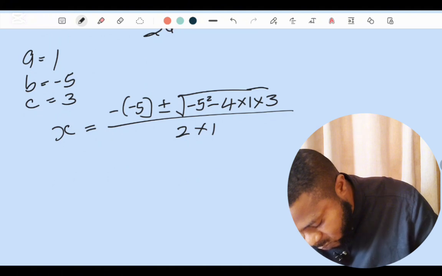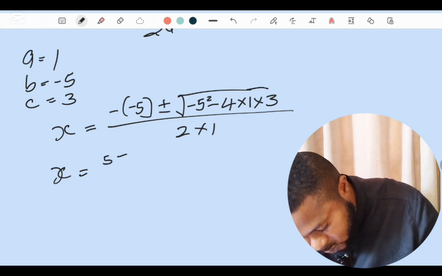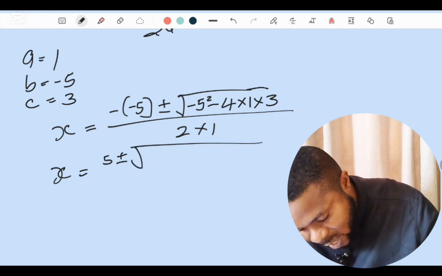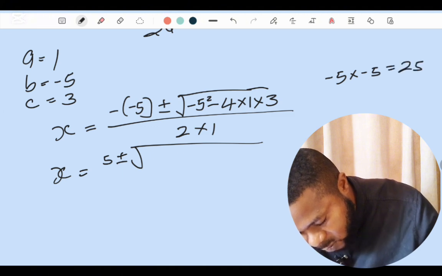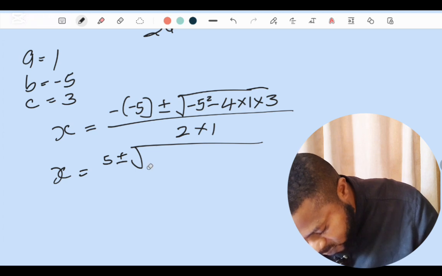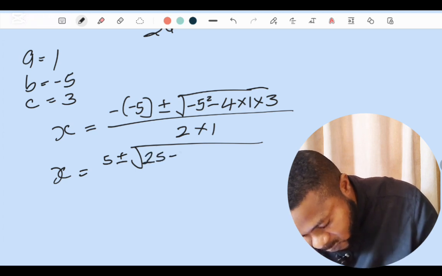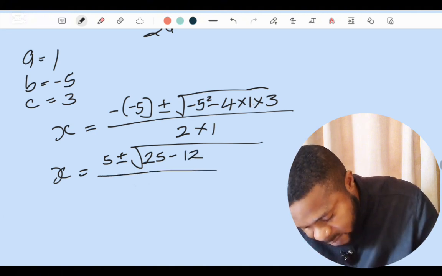So from here x is equal to minus minus, here you have 5 plus or minus, when you have minus 5 times minus 5, this will give you 25, because minus minus is plus. Here we have 25 minus 4 times 1 is 4, 4 times 3 is 12. We have minus 12 all over 2. 2 times 1 is 2.